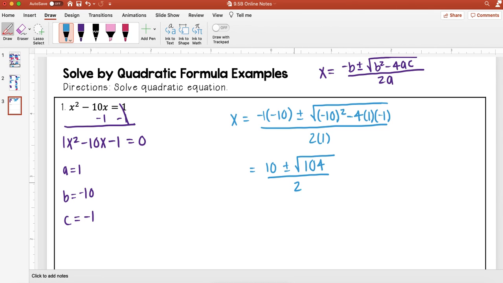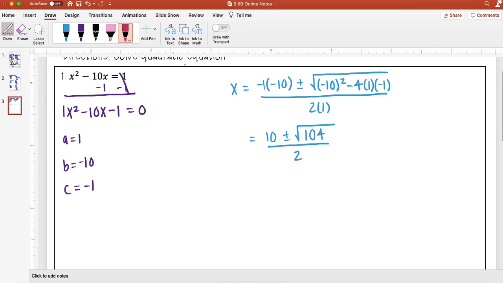And 2 times 1 is 2. And now, just like we did with the square roots, I want to go ahead and break this off into two different things. So now I have 10 plus the square root of 104 over 2, and then 10 minus the square root of 104 over 2.